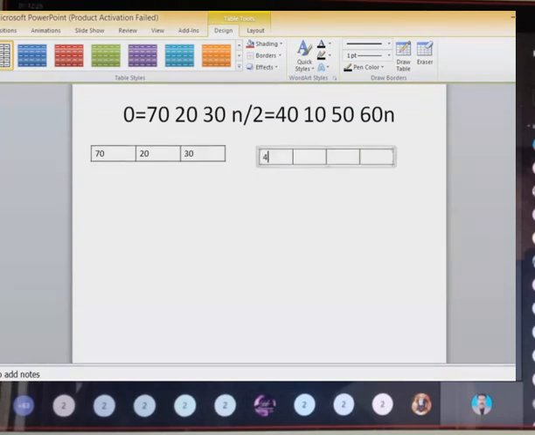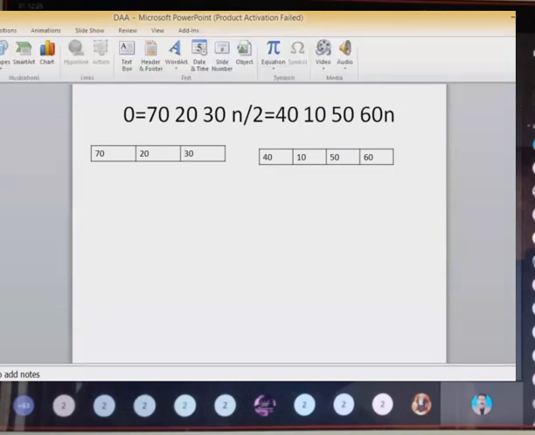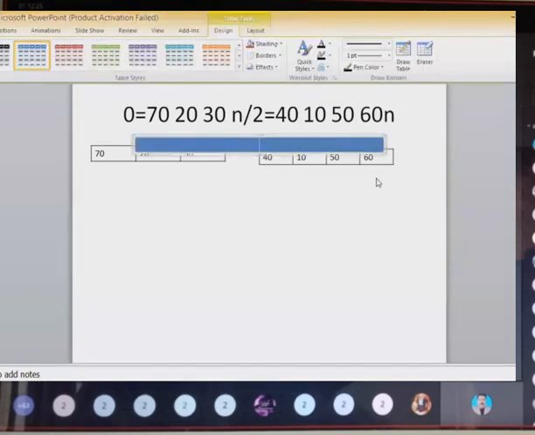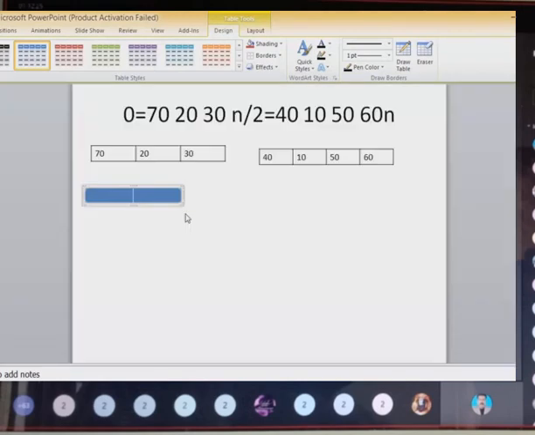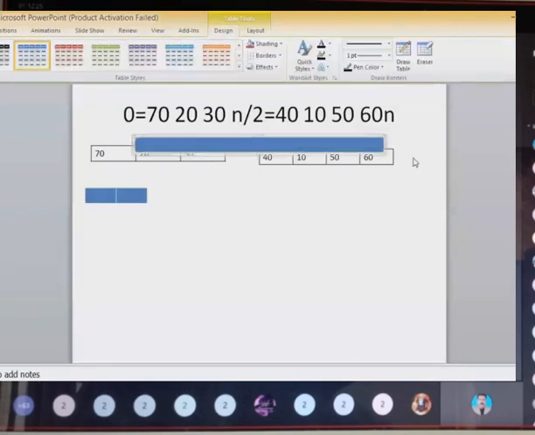Next elements are 10, 50 and 60. Now divide the first one, divided into two and one single value, that is 10.